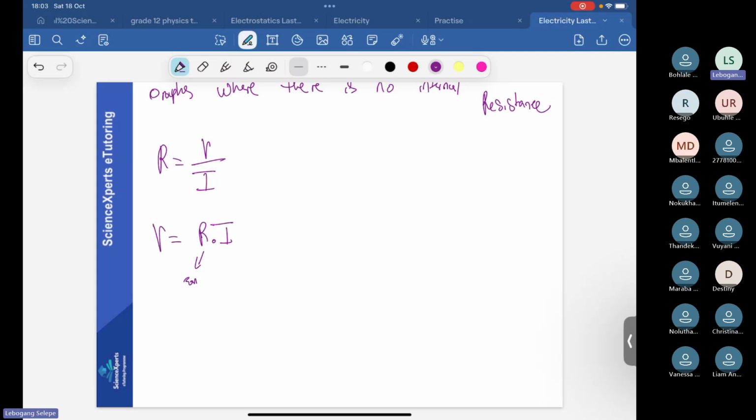Then if I keep R constant, you'd see that I would have a graph in the form y equals a constant multiplied by x, right? So y equals ax, I would have a directly proportional relationship. So if I plot V here and current here, I would have a graph that looks like this.